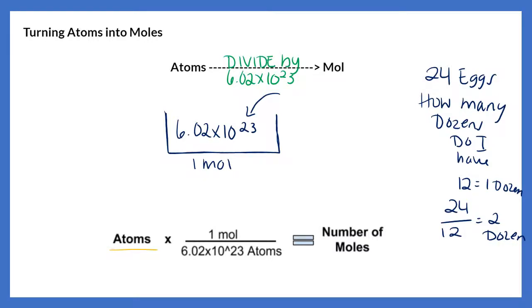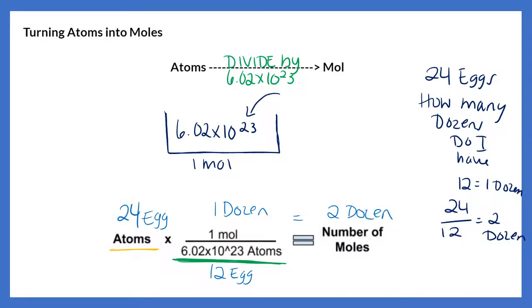I start with the number of atoms I have, and then I'm going to divide by the number of atoms that are in a mole. Just like I had my 24 eggs, and I know that there are 12 eggs in 1 dozen. So that means I know that I have 2 dozen.